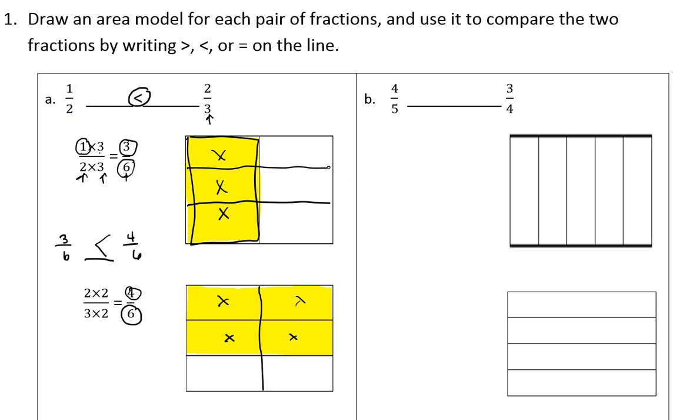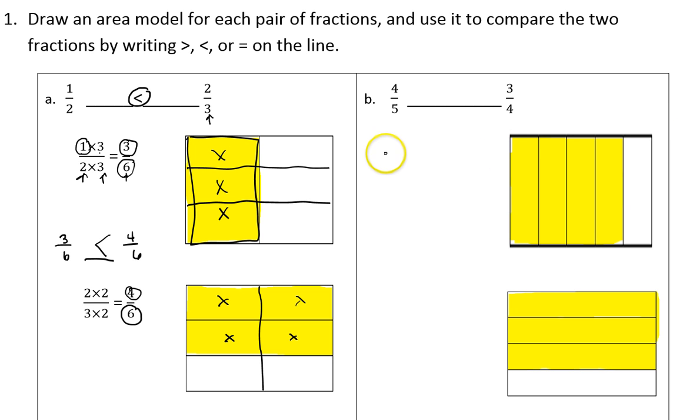Let's go to the next problem. Here we're comparing 4/5 and 3/4. I'm going to start by shading in 4/5 on the top model and 3/4 on the bottom model. And here are my fractions. Now again, it's kind of hard to tell which one's bigger by just looking at the shaded portions. So we're going to follow the same process.